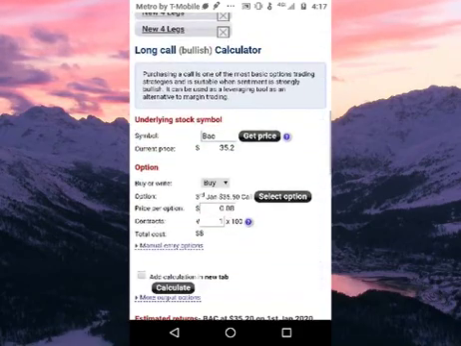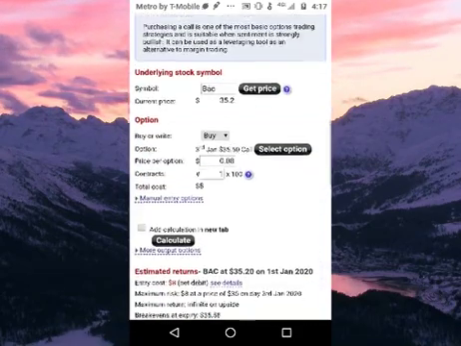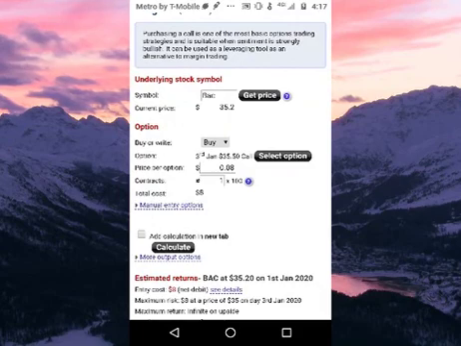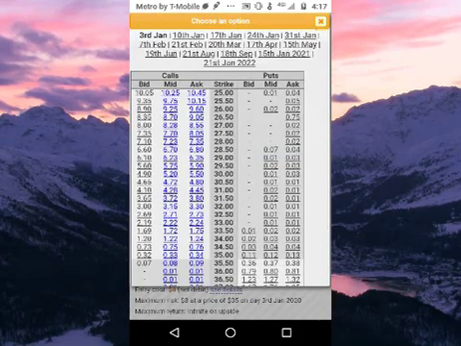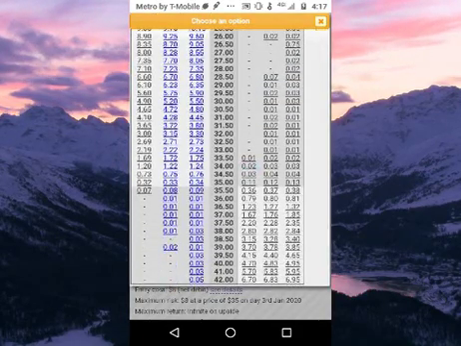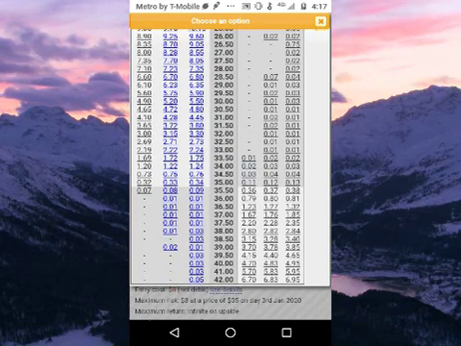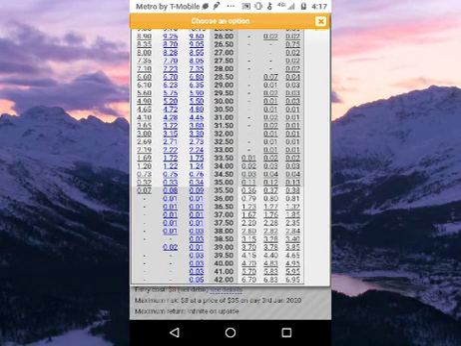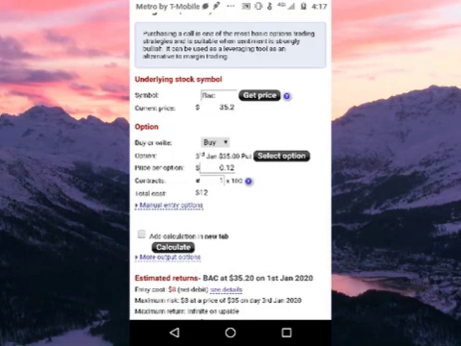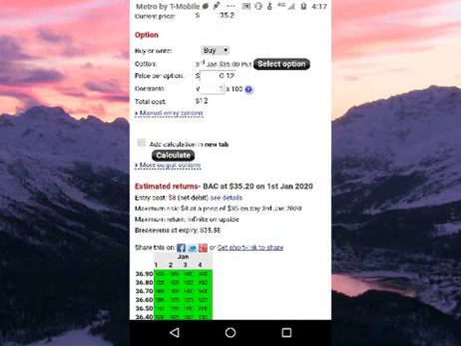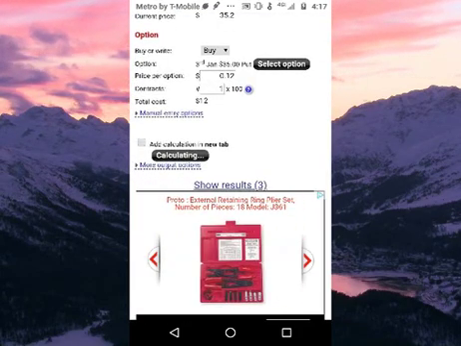Now let's look at the put contract. For that, you're going to click on Select and go to the right side. Since we have a thesis that the price is going to go down to $35, we're going to click on 0.12, and then click on Calculate.